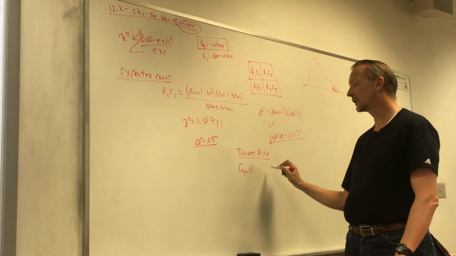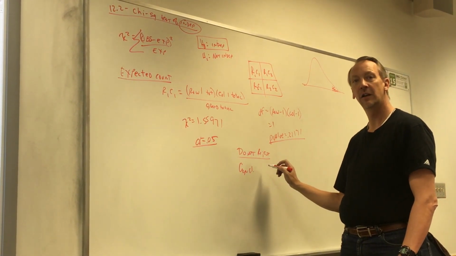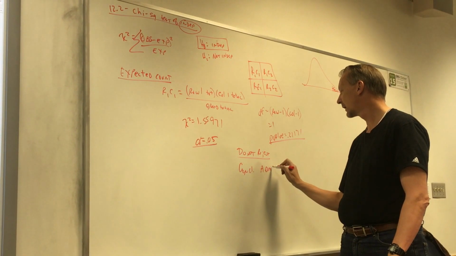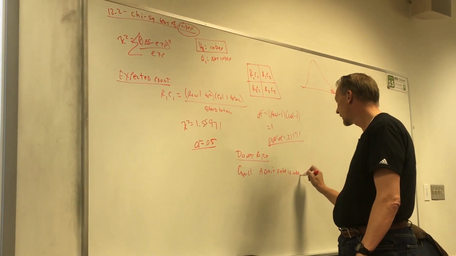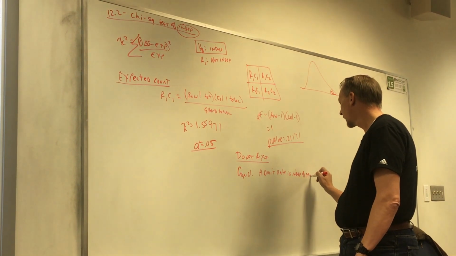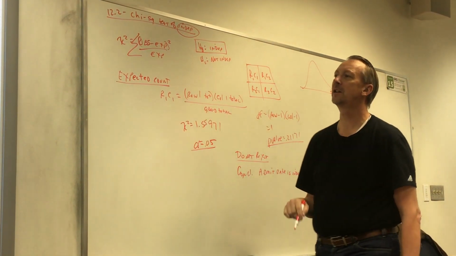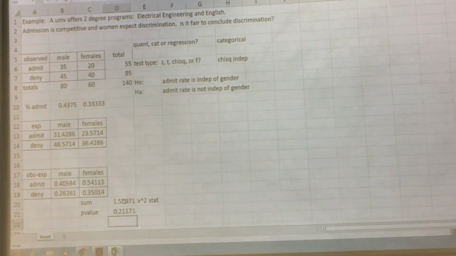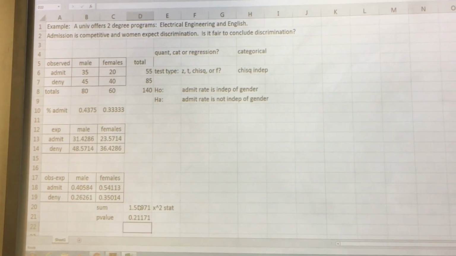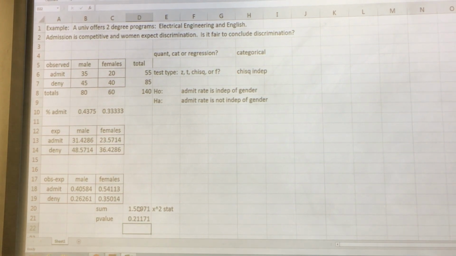So what's independent? The admit rate is independent of gender. And then going back to the original question, is it fair to conclude discrimination is going on? No. There is no discrimination going on.